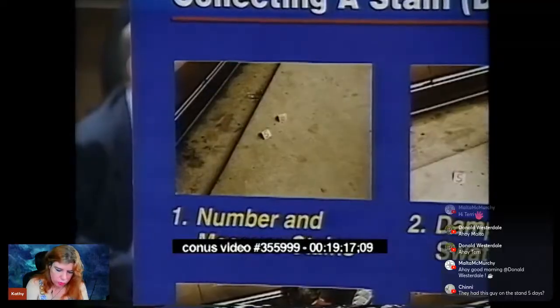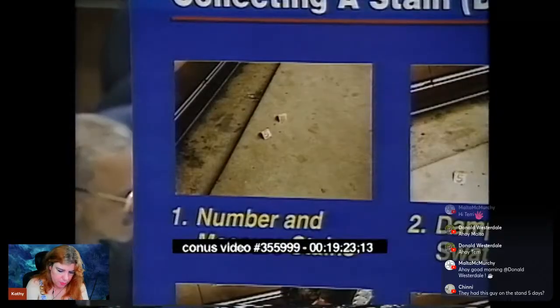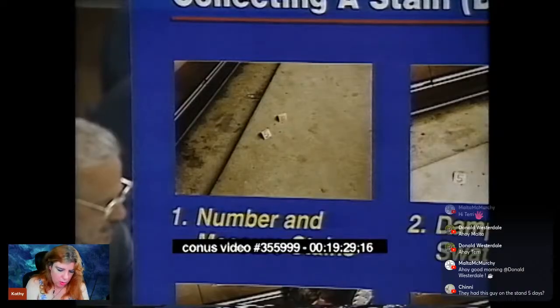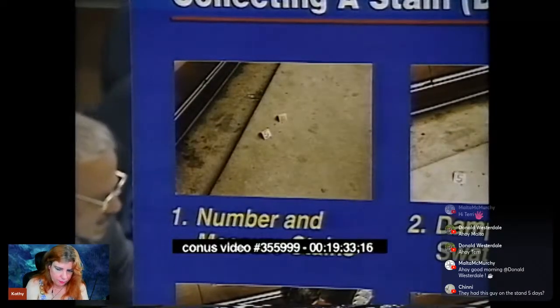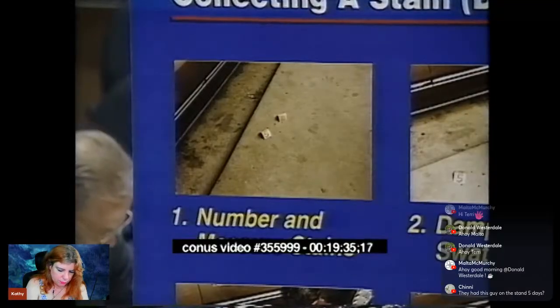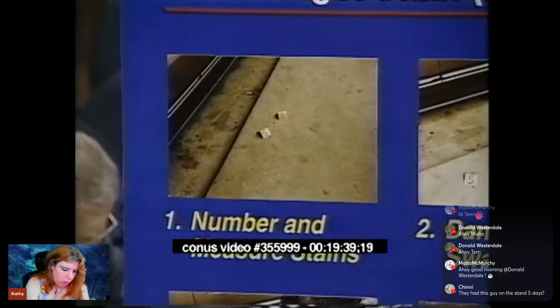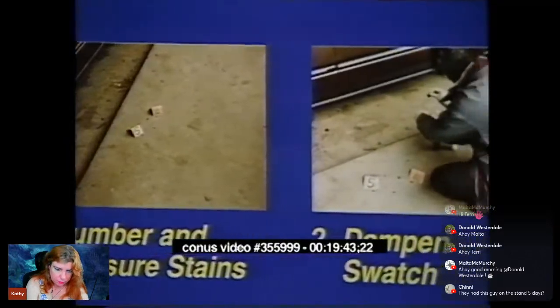We will number the stain with an identification number and then measure the stain as to its location and then have it photographed. And in this particular demonstration, who is portrayed in the photograph that's labeled as 2, and the rest of the photographs? That's Criminalist Mazzola.